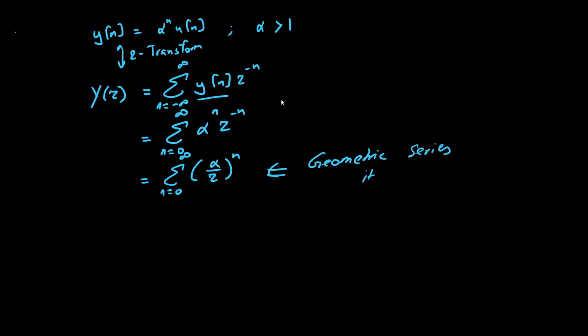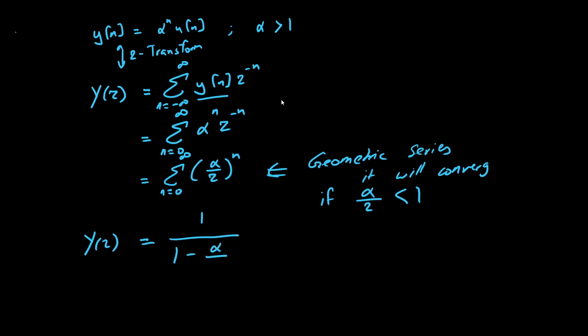It will converge if the absolute value of alpha by z is less than 1. Otherwise it would diverge. So in the fourth equality we can say that this is equivalent to 1 over 1 minus alpha by z, given that the magnitude of alpha by z is less than 1.